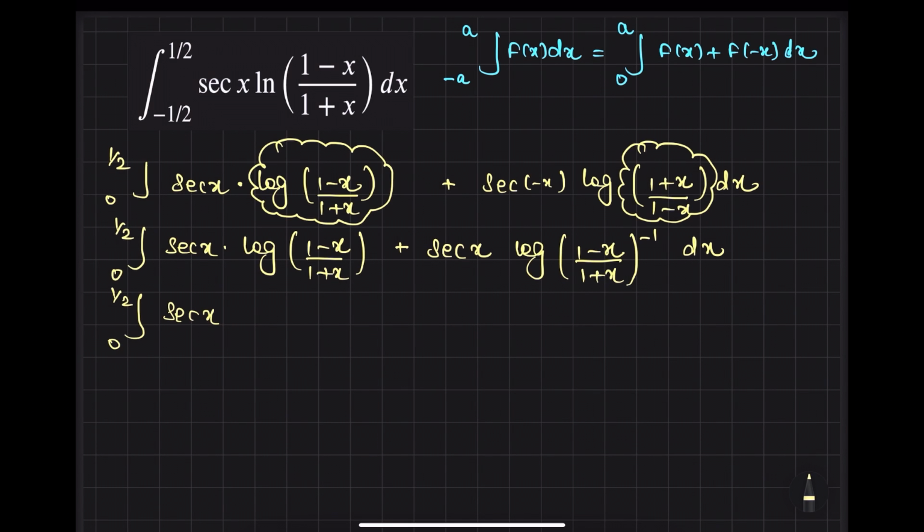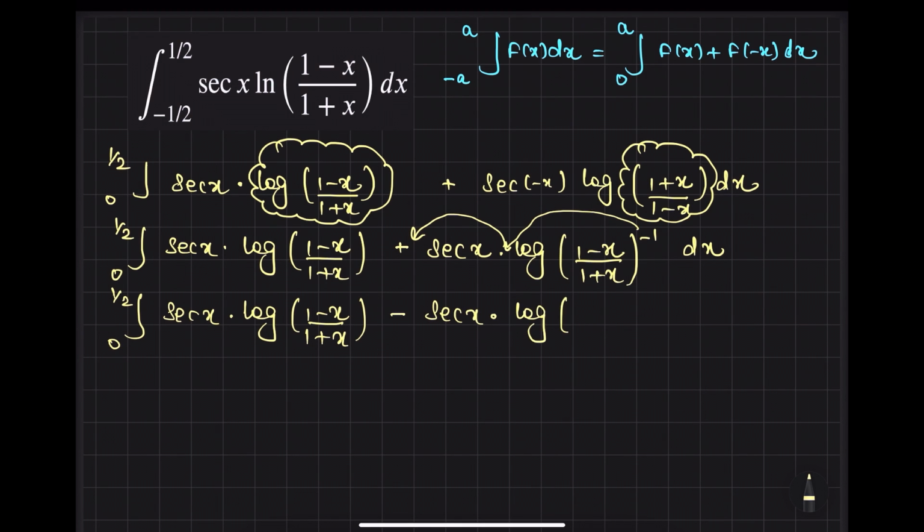So it is sec x into log((1 minus x) upon (1 plus x)). Now you know that if anything is in the power of the argument of log, it comes as a coefficient, so this will come over here, and then it's in product, so that minus will come over here. So you have minus of sec x log((1 minus x) upon (1 plus x)) dx.